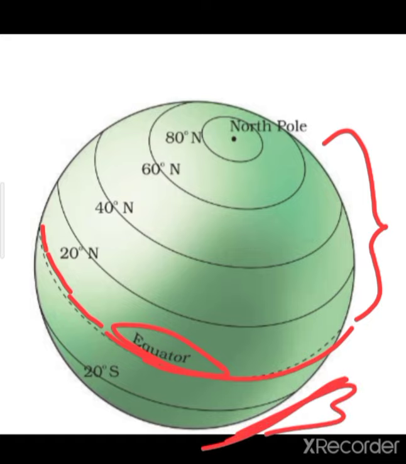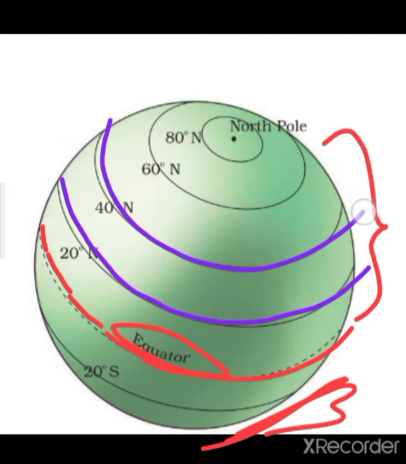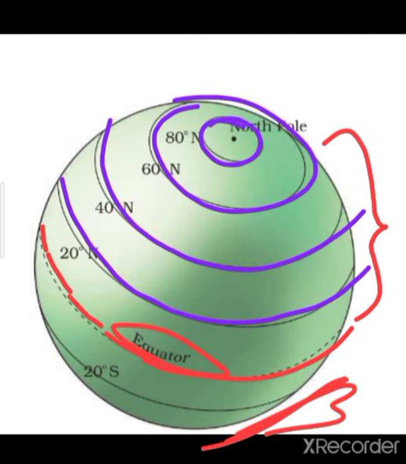In the northern hemisphere, lines are drawn parallel to the equator, and in the same way the lower portion also has lines drawn parallel to the equator.